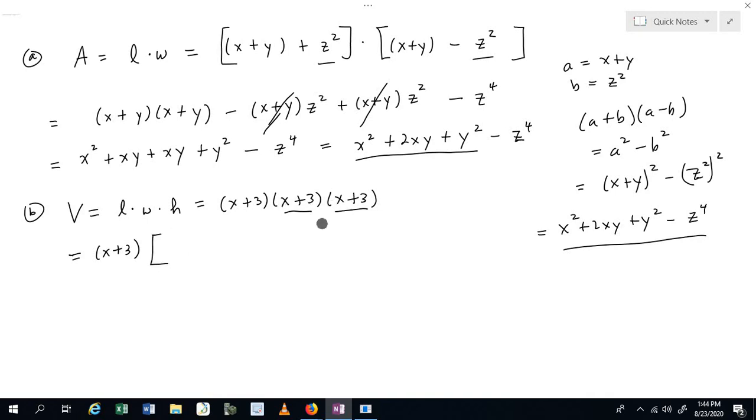Okay, so to multiply these together, you're going to have to FOIL it out. So you do first, x times x, which is x squared. Outer, which is x times 3, but I'm going to change the order and write it as 3 times x.